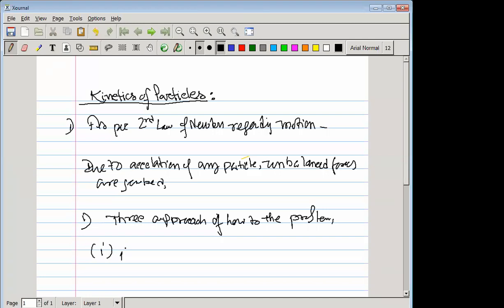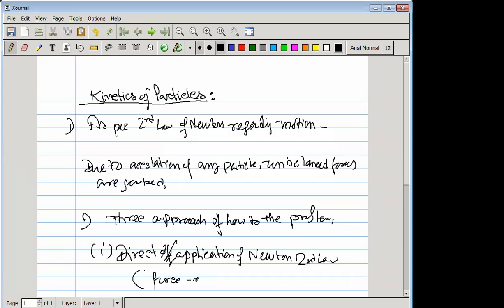First one is the direct application of Newton's second law, sometimes called the force-mass-acceleration method.